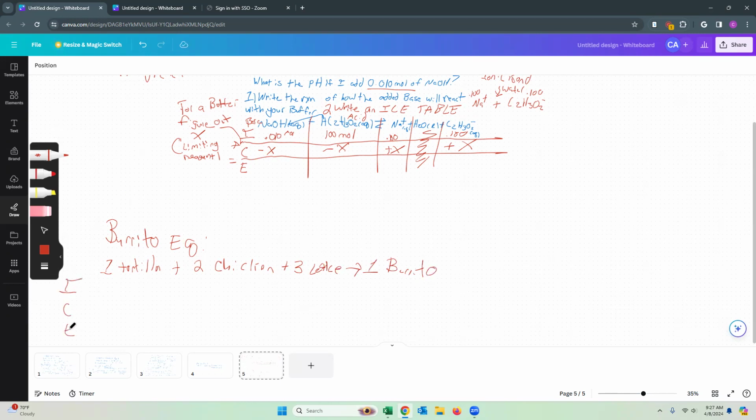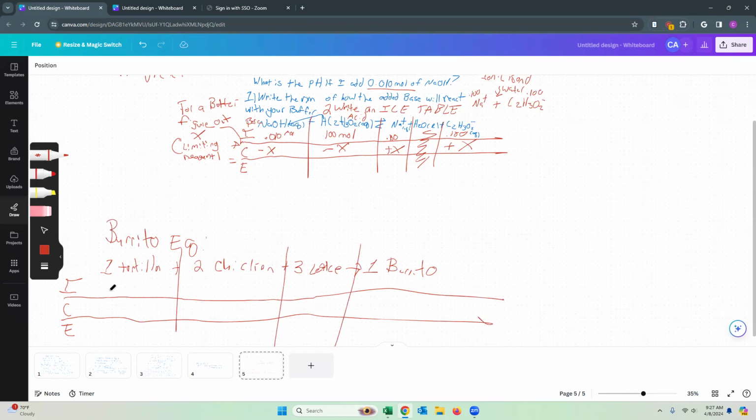And we can do an ICE table for this. I know you never thought you'd be seeing an ICE table for a burrito, but here we are. Okay, let's say I had 15 tortillas on me, I had 8 pieces of chicken, I have 20 pieces of lettuce, and I have not made any burritos yet.